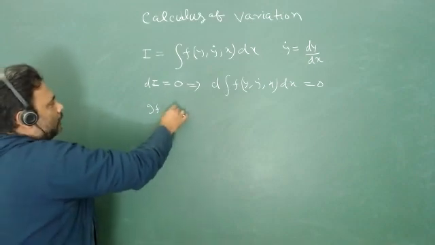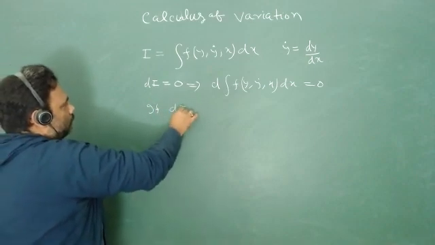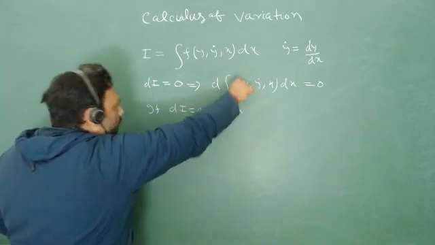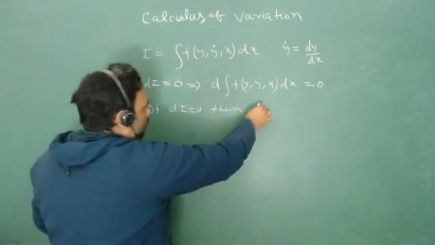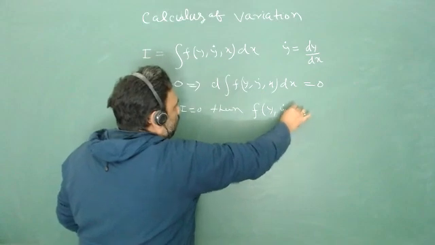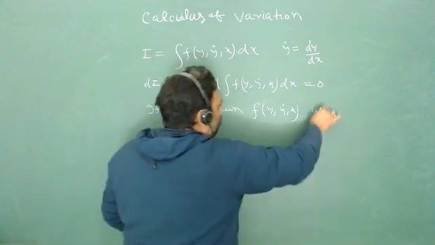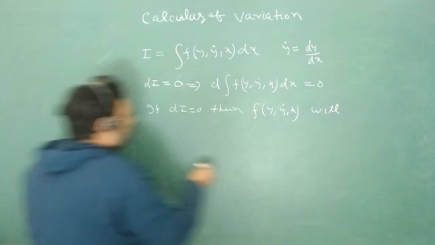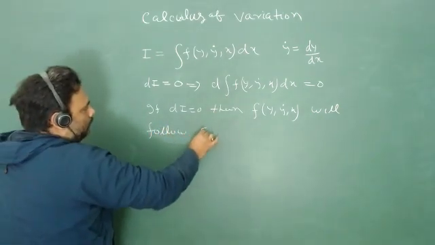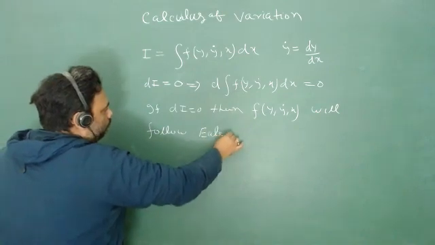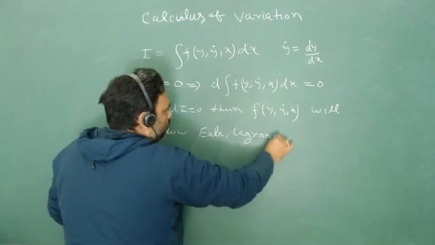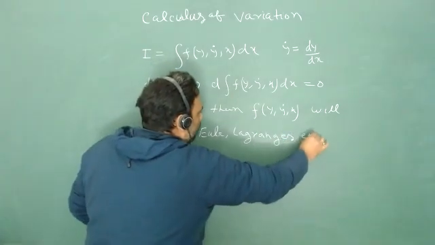then if dI is equal to 0, this f, which is a function of y dot and x, will follow the Euler-Lagrange equation.